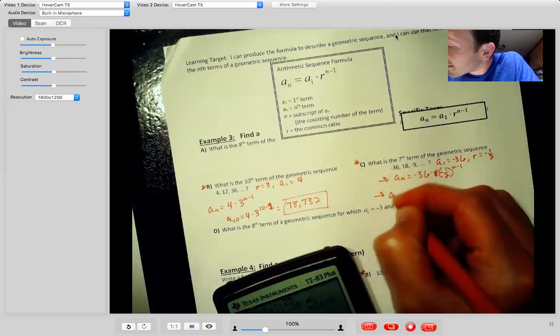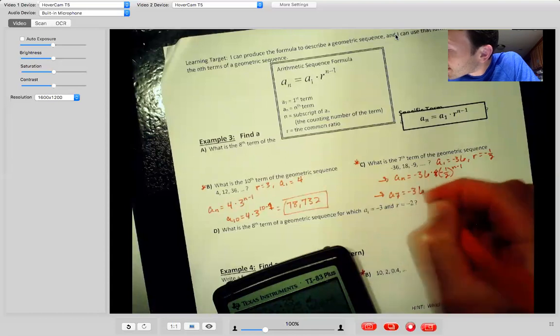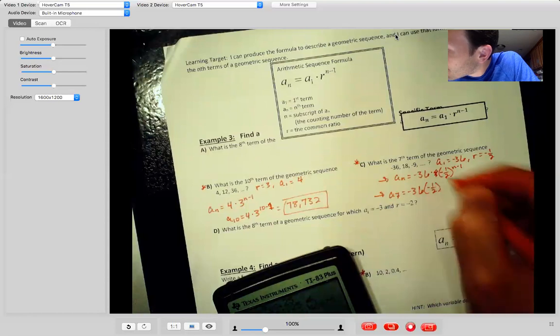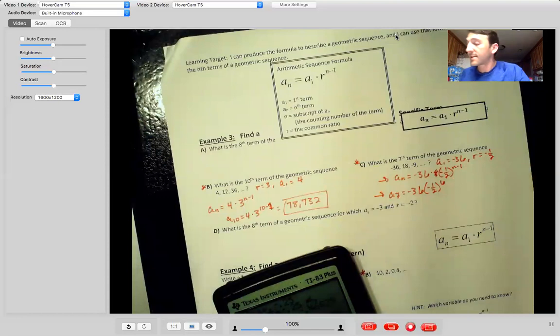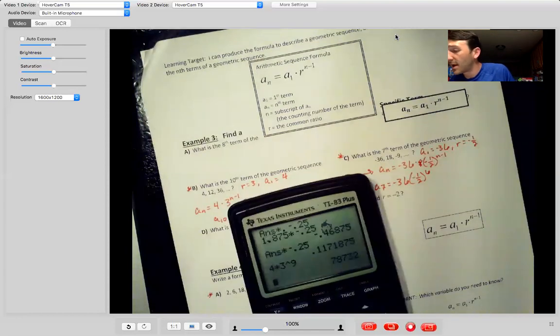And so a sub 7 can be negative 36 times negative 1/2 to the 7 minus 1, so I'm just going to write to the 6th. And remember, parentheses are important when you have that negative base. So negative 36 times negative 1/2 to the power of 6.